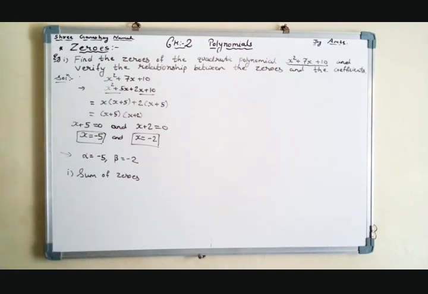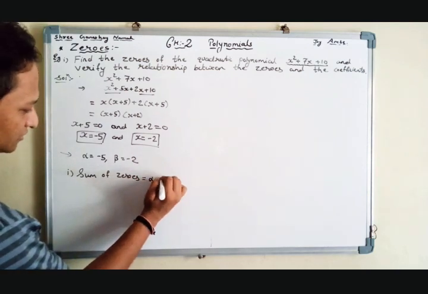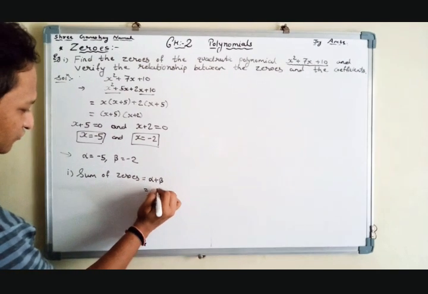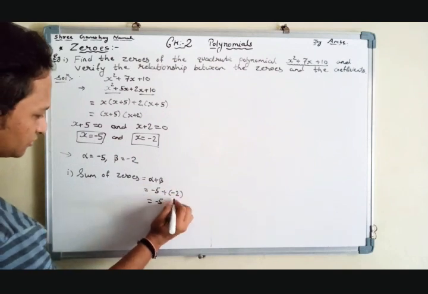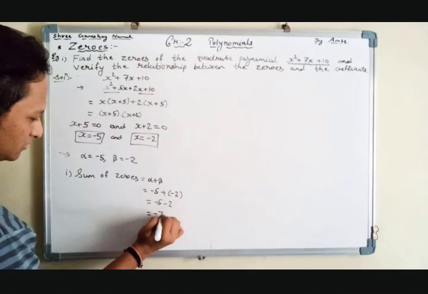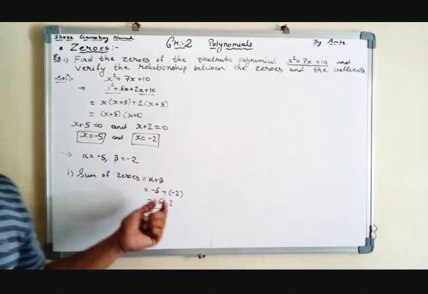How will we find the sum of zeros? Simple addition of alpha and beta, alpha plus beta, that is minus 5 plus minus 2, minus 7. So this is a direct addition.